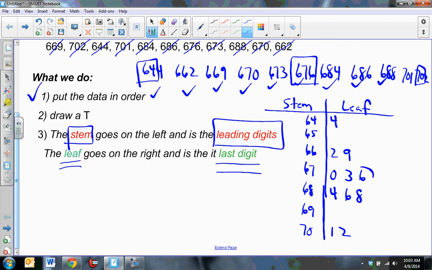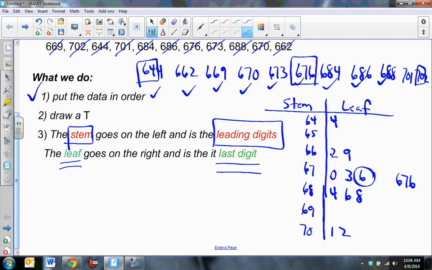Here it is right here. So we have 5 numbers to the left, 5 numbers to the right. Okay? Our median is not 6 though, it's 676. We have to attach the stem to that leaf.